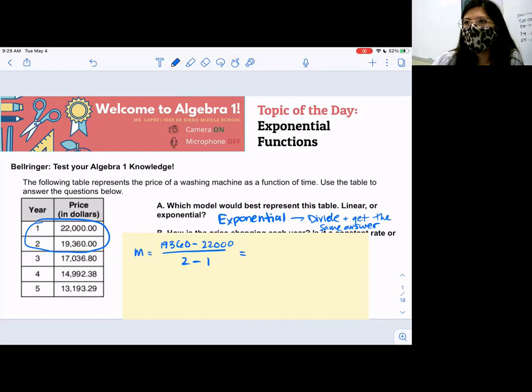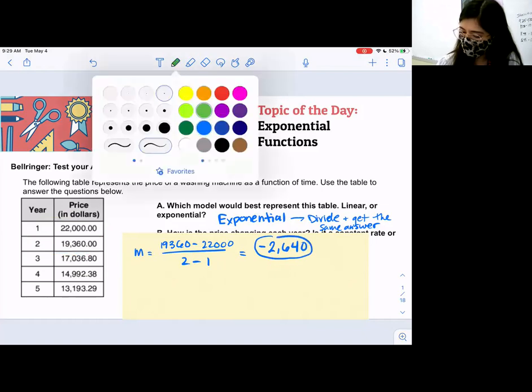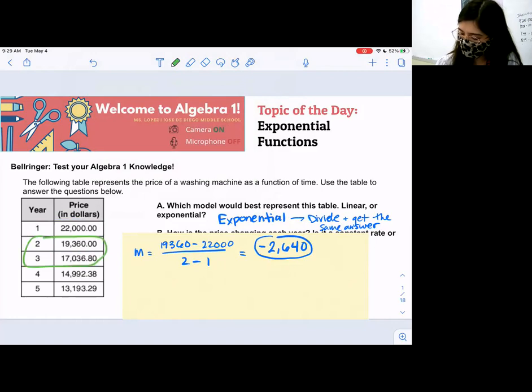Ijara says no and Lauren says no. Oh, Ijara says she tried it already and it didn't work. Yeah. So let me just show you really quickly. If I try it, 19,360 minus 22,000, I get negative 2,640. And then if I do it again, but this time I'm going to use these two numbers: 17,036.8 minus 19,360 over 3 minus 2.